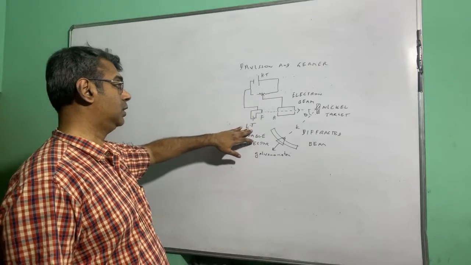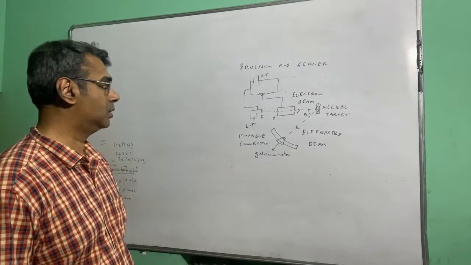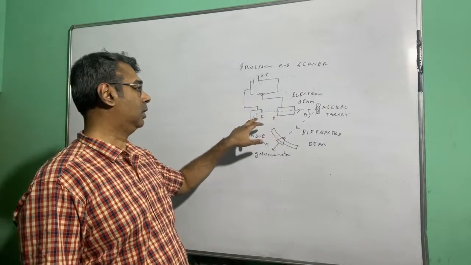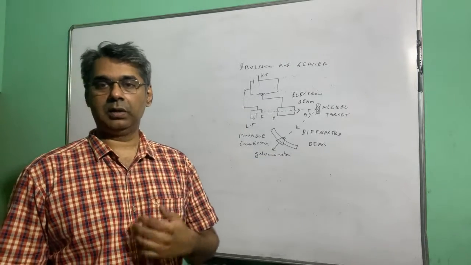So from the filament a stream of electrons are coming out, because the low voltage battery will energize the filament, and that is called thermionic emission.